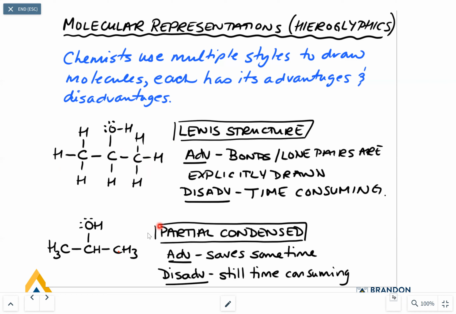Then there's the partially condensed structure. All of these molecules are exactly the same, but here we're not explicitly drawing the carbon bonded to the 3 H's. We just put H3 here, which signifies that this carbon is bonded to those H's.